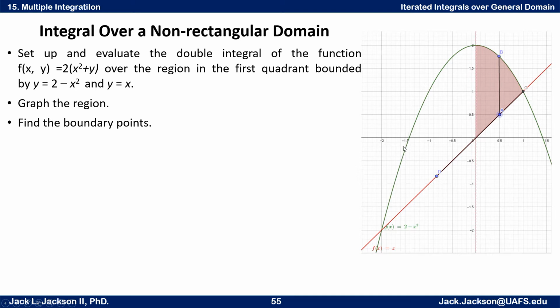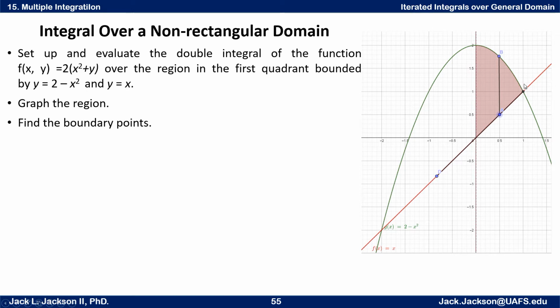Here is the other curve, y equals 2 minus x squared, and of course we have the x-axis, y equals 0, and x equals 0, the y-axis, which is right here. And over here you have the region in the first quadrant that's shaded. So that's the domain. Any xy ordered pair in here is going to be in the domain. So obviously not a rectangle.